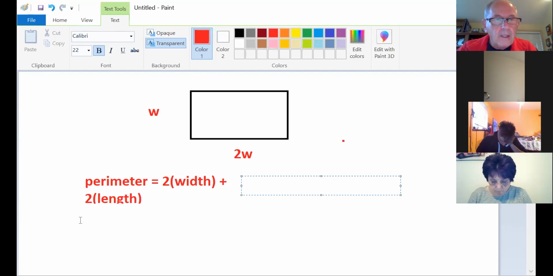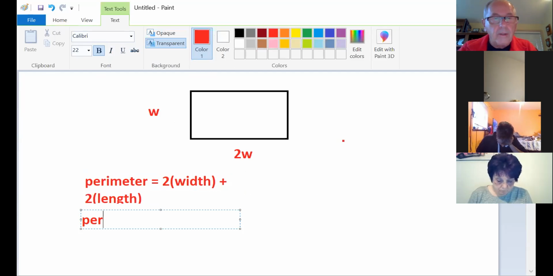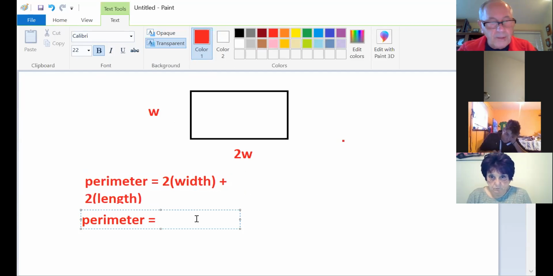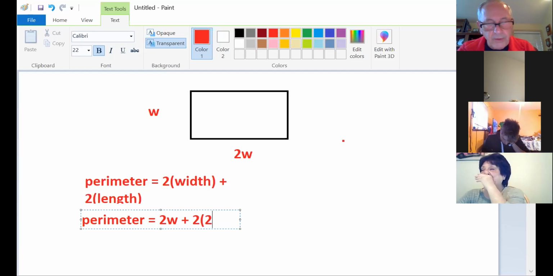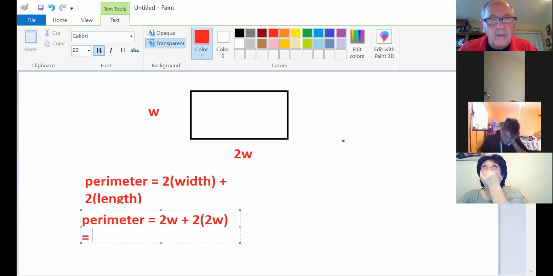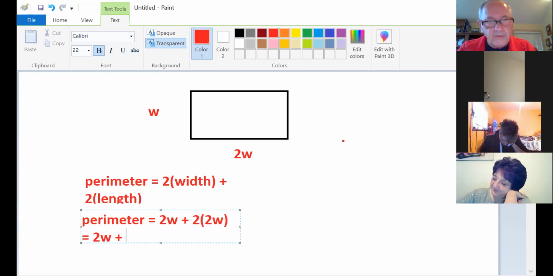So the perimeter, 2 times the width is going to be 2W, right? And 2 times the length is going to be 2 times 2W, right? It's going to be like that. Well, what's that equal to? That's going to be 2W plus 4W, right?